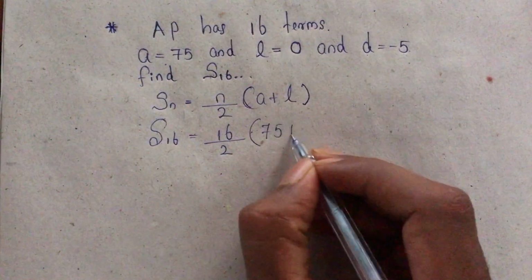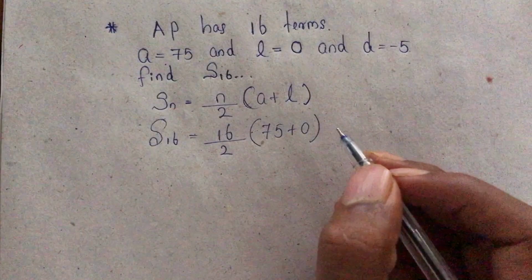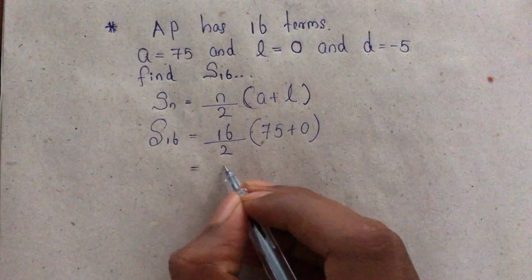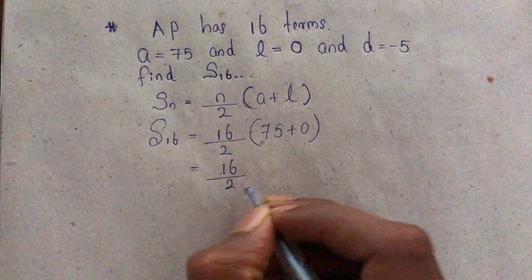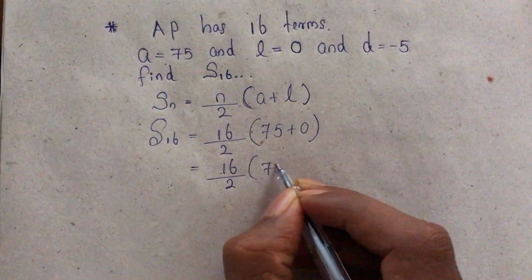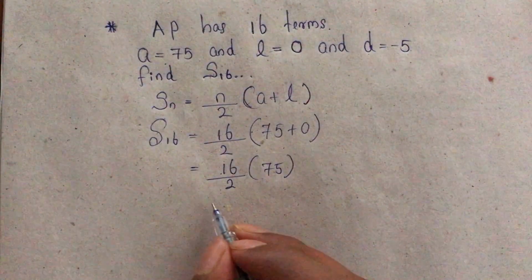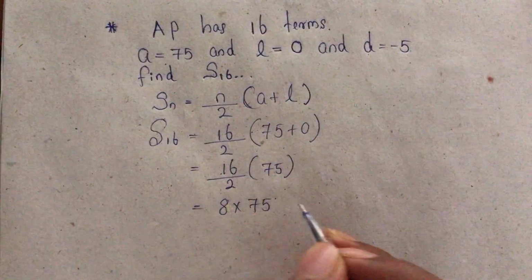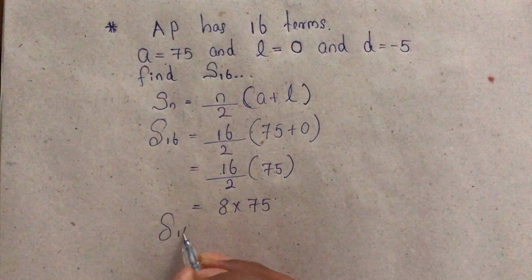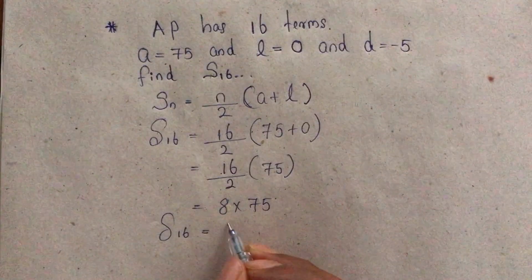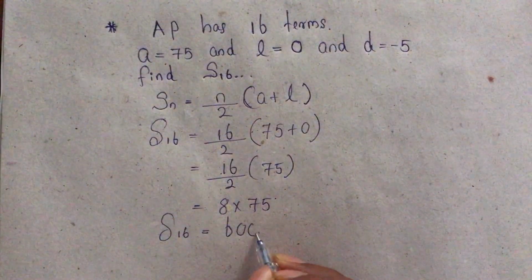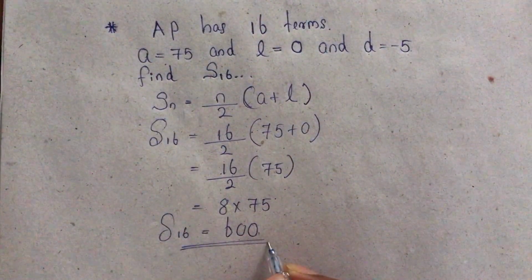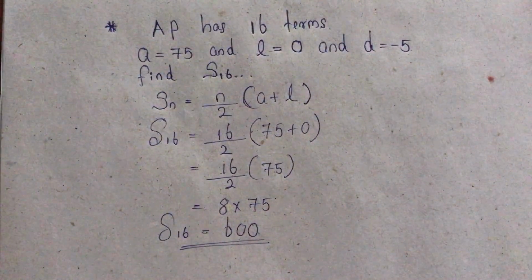Then you just substitute values. n is 16 over 2, a is 75, l is 0. Then it is 8 into 75. You get the answer as 600. This is the sum of the first 16 terms.